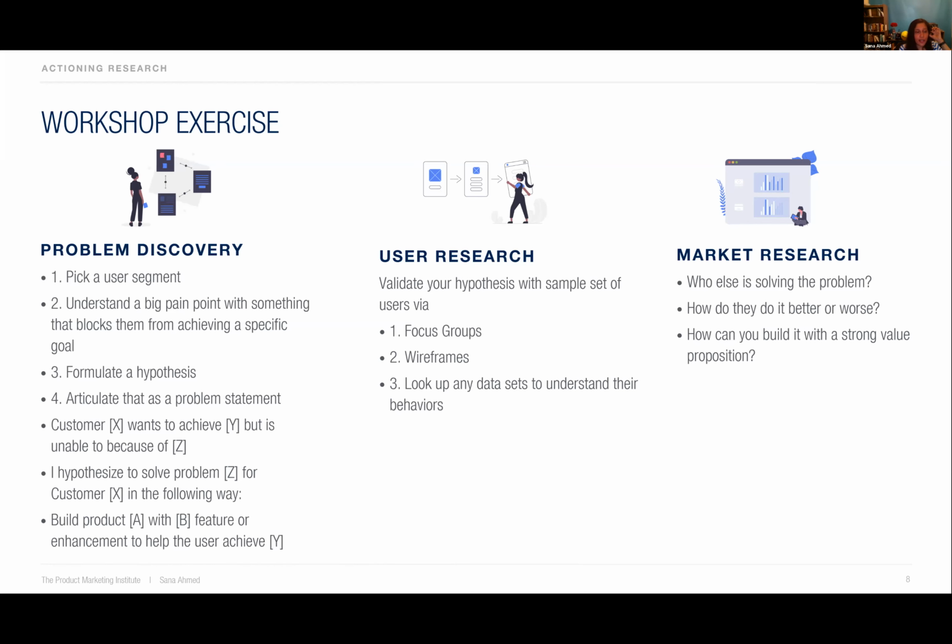Now, number 3, you're going to formulate a hypothesis. What that means is you're going to say, I think I could solve for this problem by picking this solution. And you're going to articulate that hypothesis as a problem statement in true product management fashion, which is: customer X wants to achieve Y, but is unable to because of Z. So you're identifying the customer, figuring out what their goal is, and then figuring out why they're unable to achieve it.